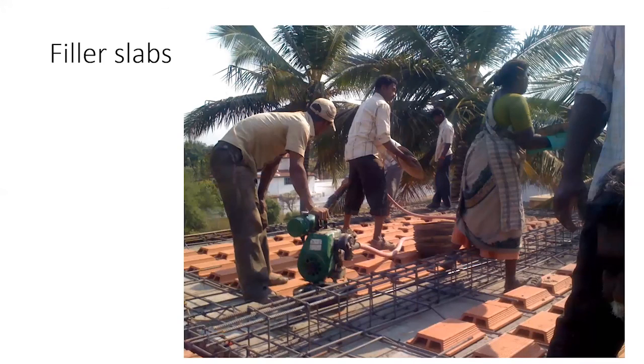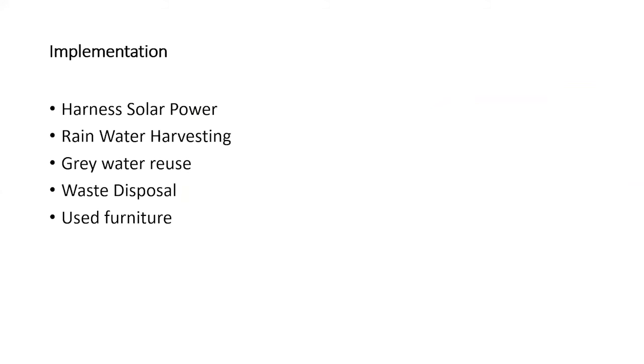So that's the filler slab. And while implementing, I was mentioning that today technology can be used for harnessing solar power so that you can have a literally zero carbon footprint house. There are houses which are zero carbon footprint. And also to be environmentally friendly, rainwater harvesting.